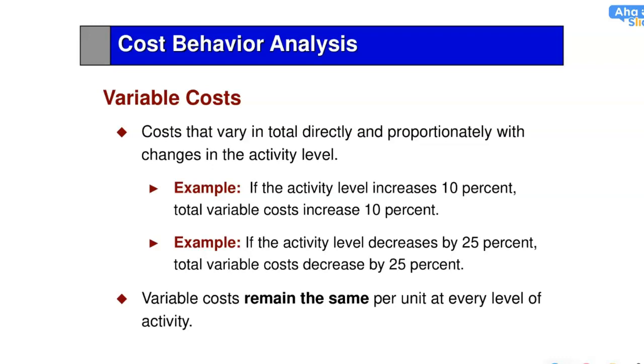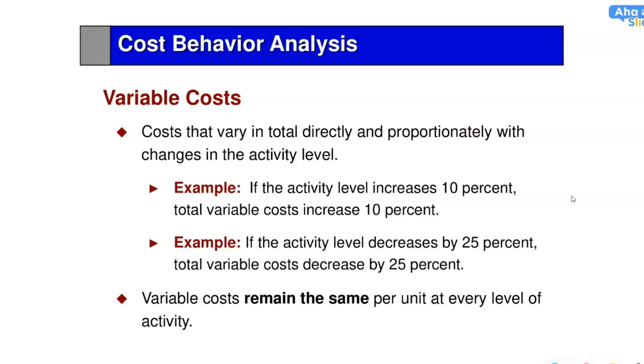I measure it and I know exactly how much it costs. Let's say it costs 50 dirhams for every desk. So if I produce one desk, the total variable cost for wood would be 50 dirhams. If I produce two desks, it would be 100 dirhams.